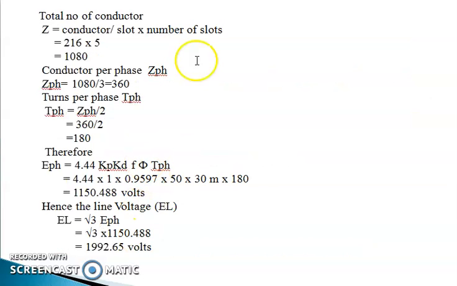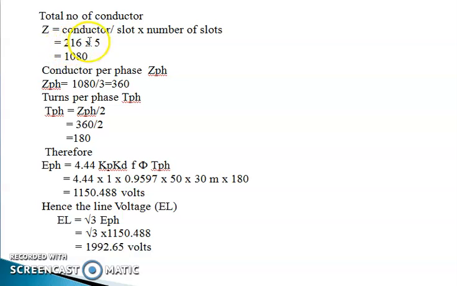Now we will calculate the total number of conductors. Conductors per slot is 5 and the number of slots is 216. So the total number of conductors Z can be calculated as 1080.